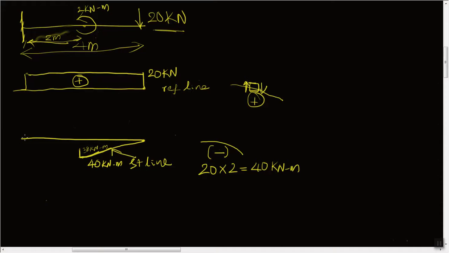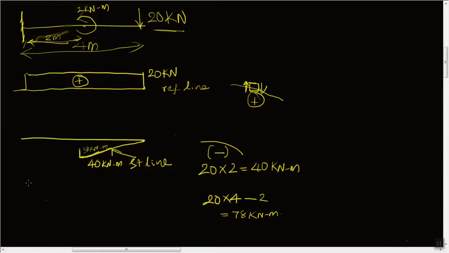right? And at this location, at the end of the beam where it is fixed, our bending moment is nothing but 20 into 4 meters, that is 80, which is a clockwise moment, while we have another moment which is counterclockwise, that is minus 2 kilonewton meter, which comes to be 78 kilonewton meter.